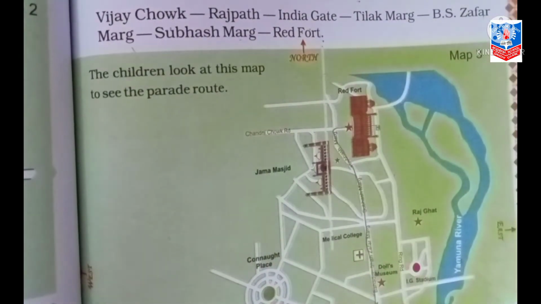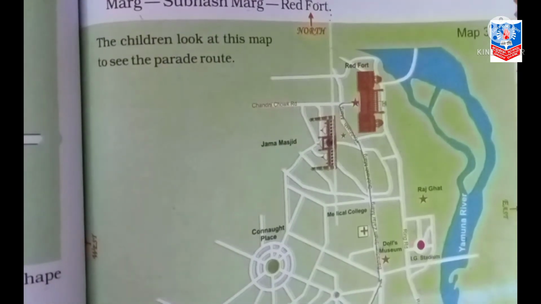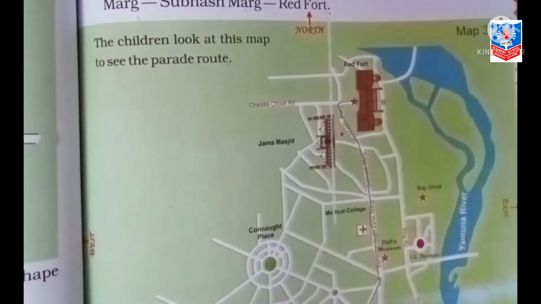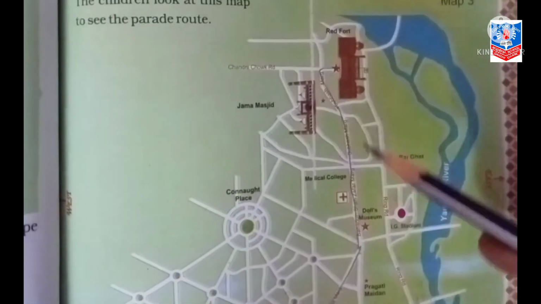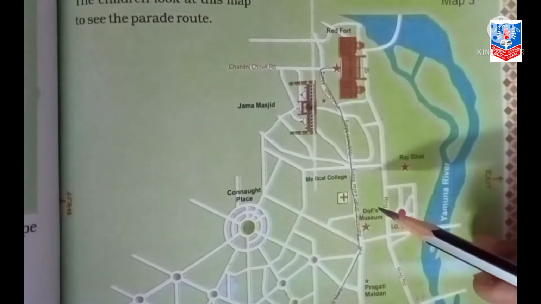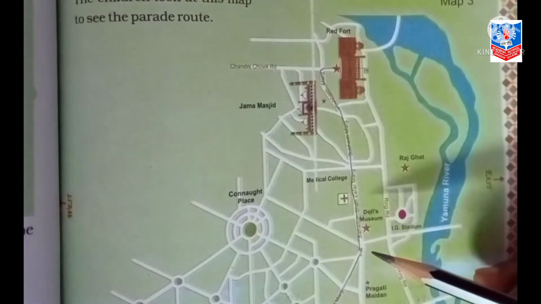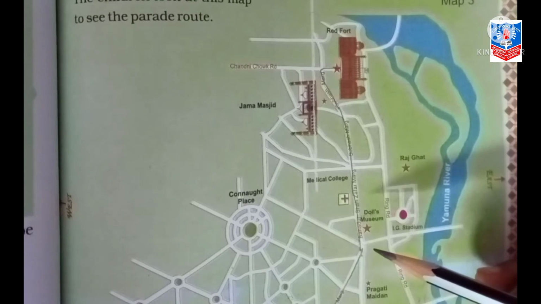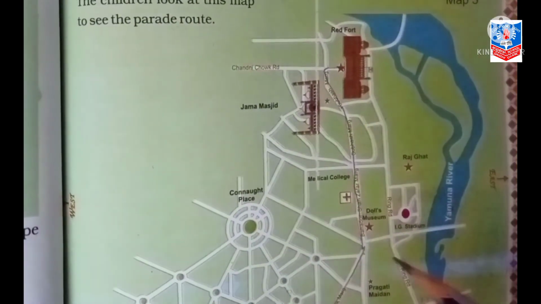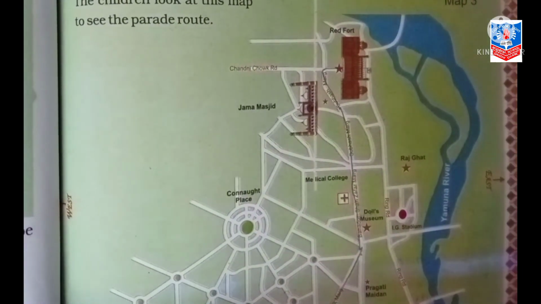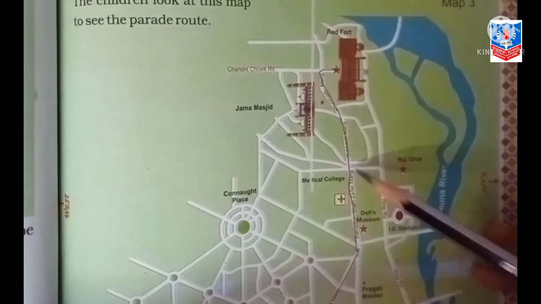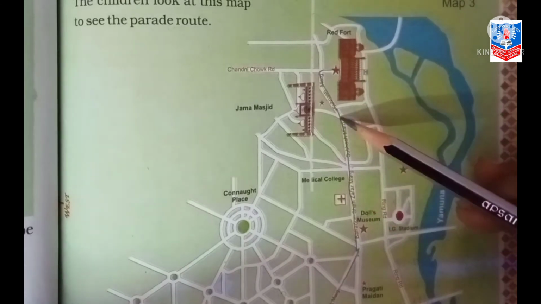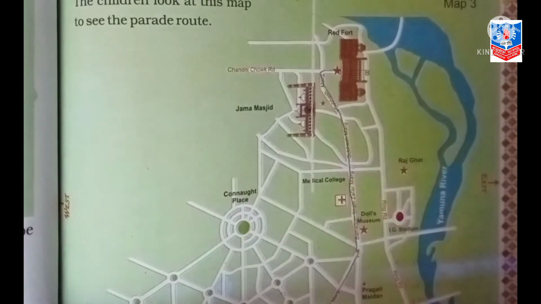Now our second question is, look at the map carefully and find out which of this is the longest road. Which road is the longest road? Now options are given: B.S. Zafar Marg, Subhash Marg and Tilak Marg. Now see here, this is Bahadur Shah Zafar Marg, B.S. Marg, Subhash Marg and next is Tilak Marg.